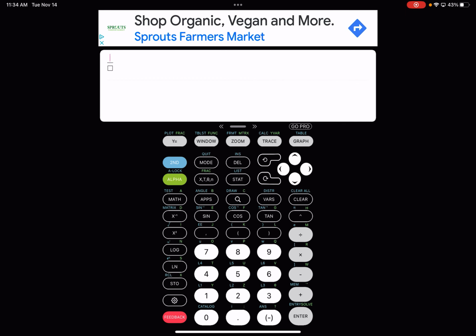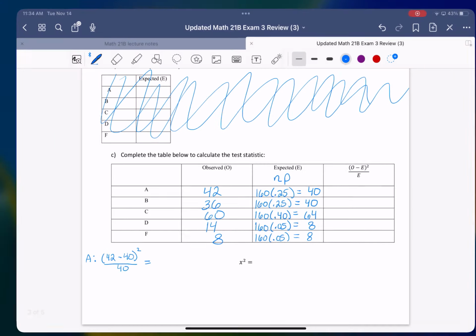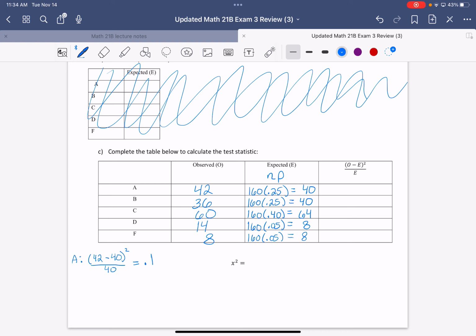Okay, so on top we have 42 minus 40 quantity squared all over 40. And you get 0.1. Okay, 0.1, which I'm going to put there. And repeat.